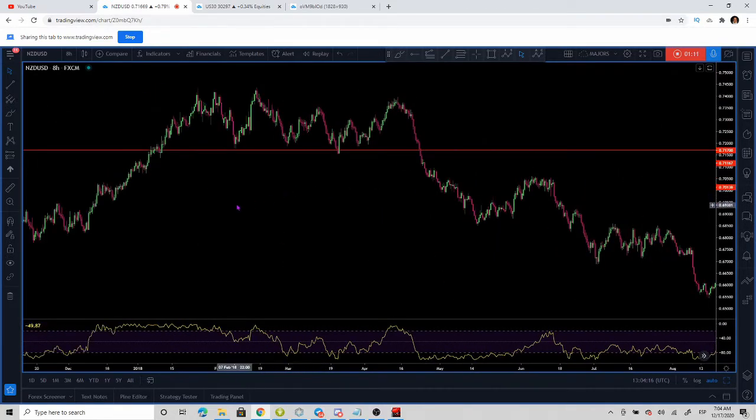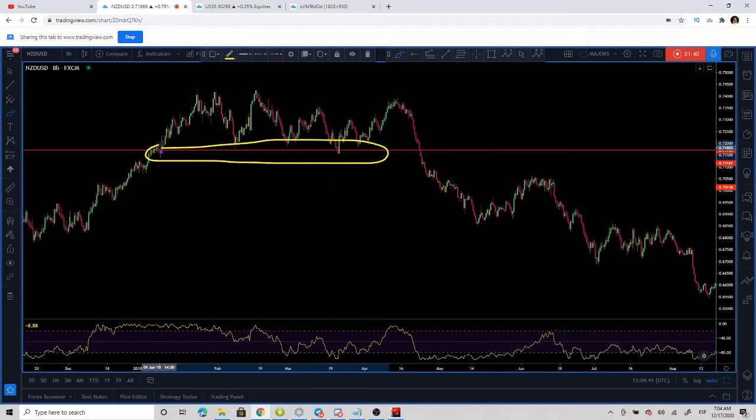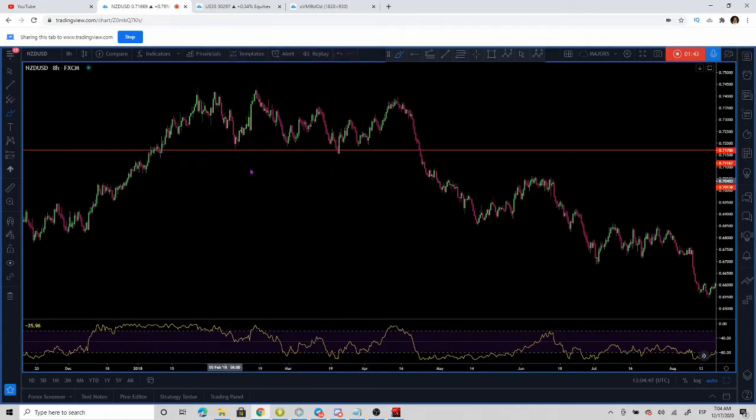This is the level that I'm talking about, this big base that price tested from the beginning of January in 2018 until it eventually broke in April 2018. So that's only 3.5 months worth of trading where this was tested as support, right?